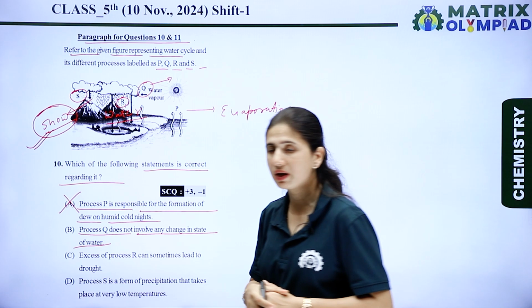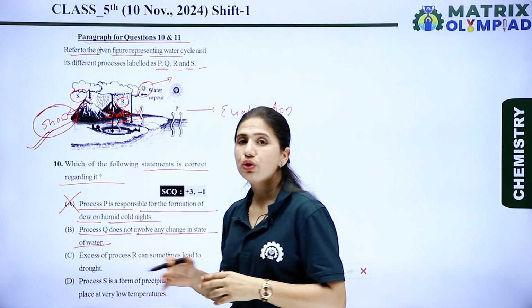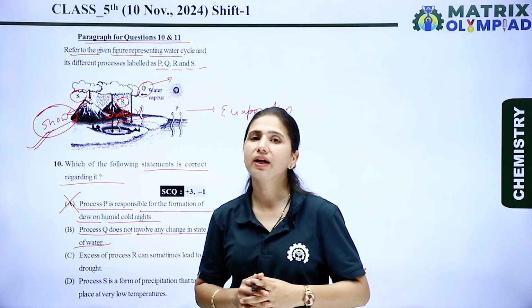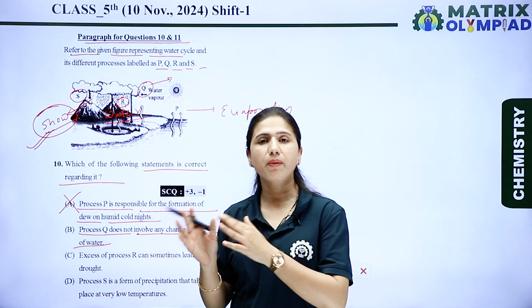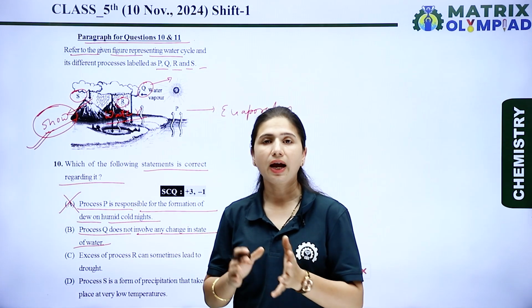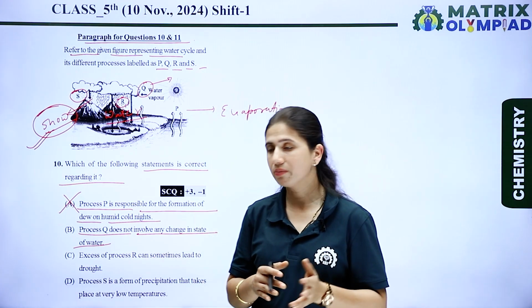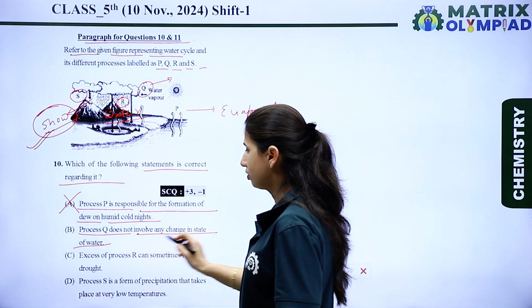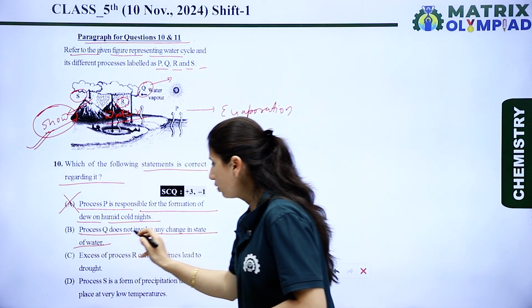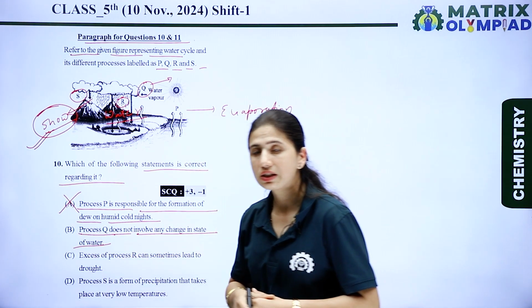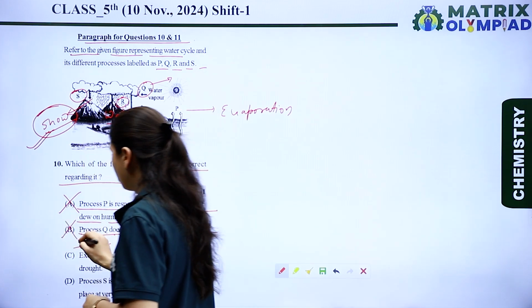No, it is completely wrong, because Q is the condensation process, and in condensation the vapor converts into liquid state, which means there is a change in state. So this is also a wrong statement.